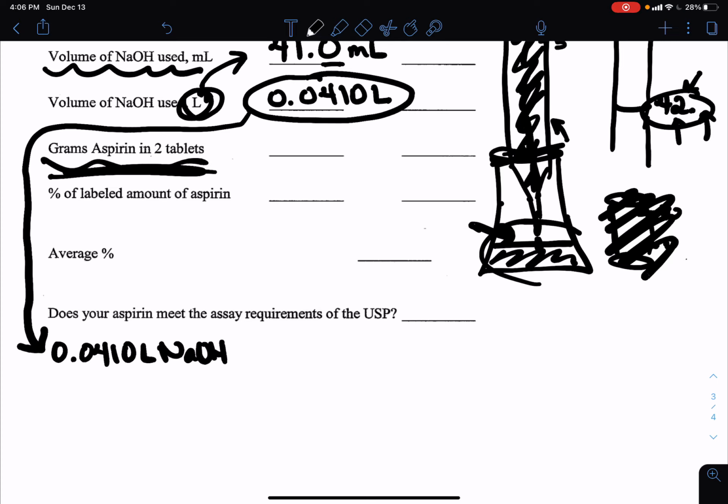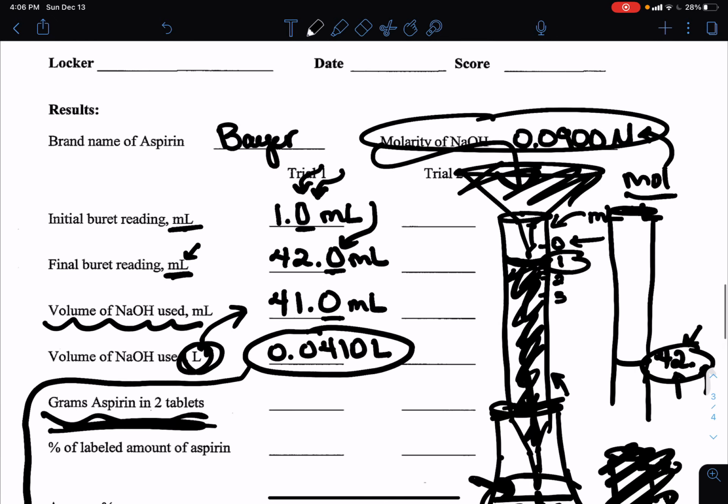Now somehow we want to get from liters of NaOH to grams of aspirin. Just take a first step and say to yourself, I need to get rid of liters. Do I have anything that will allow me to get rid of liters? Remembering that once you get into moles, you can do a multimole ratio, so you can go from one substance to another. So we'll set up a conversion factor, and go back up here and see, oh yeah, I had moles per liter.